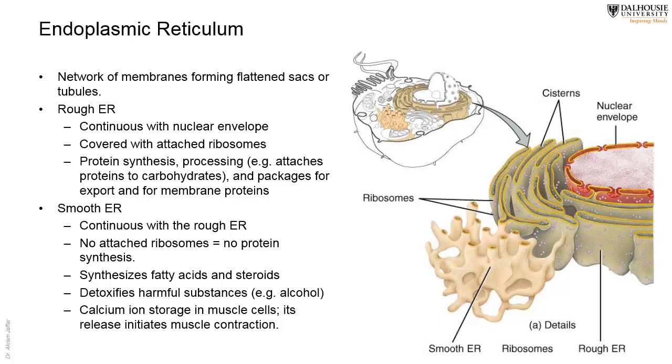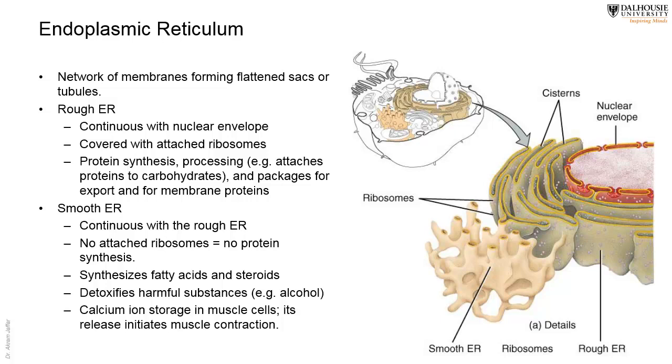The other function of the smooth endoplasmic reticulum is that it detoxifies harmful substances like alcohol, some of the drugs. This is not the only site for detoxification of alcohol and drugs, but the alcohol and drugs can be detoxified in other organelles, as we will see in a moment, like the peroxisomes. The smooth endoplasmic reticulum in some other cells, like in the muscle cell, is a reservoir.